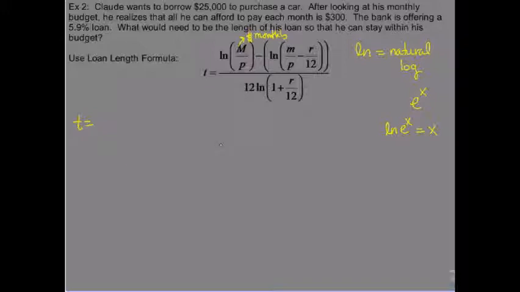M is the monthly payment. P is the principal, so this is the total borrowed. And R is the rate.